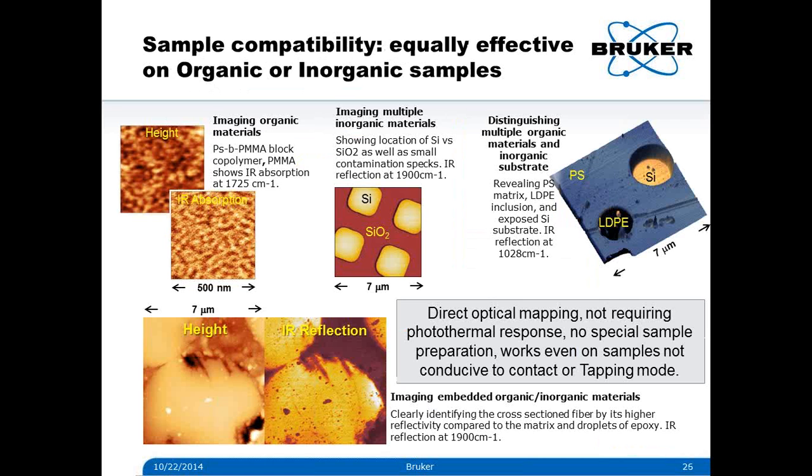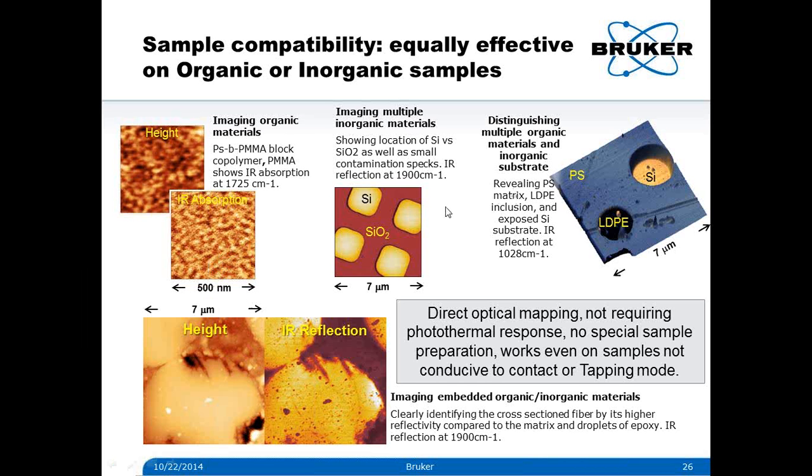On the next slide, I want to emphasize that we can really map different materials, organic as well as inorganic samples, and also mixtures of these samples. On the left-hand side, you see imaging of especially infrared absorption at the carbonyl resonance of a block copolymer. So we have polystyrene and PMMA on a length scale of 500 nanometers, and you see nicely these little domains of the polymer.